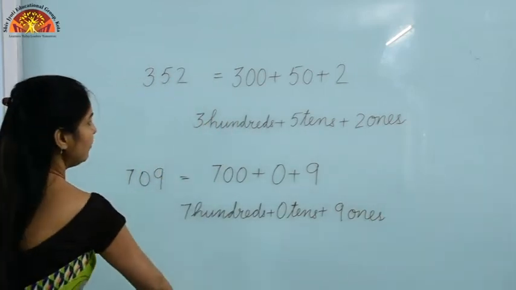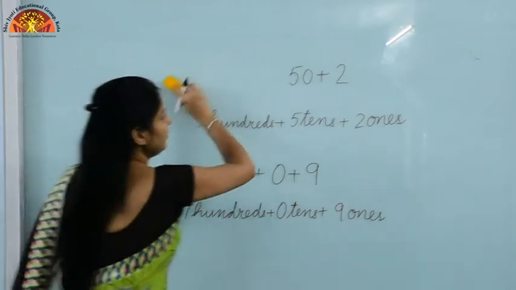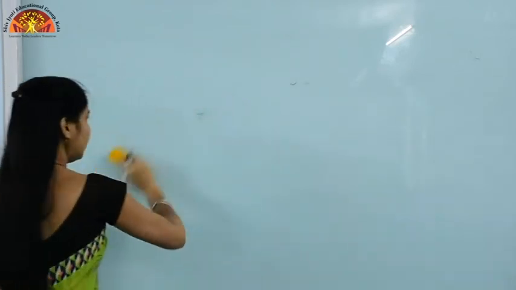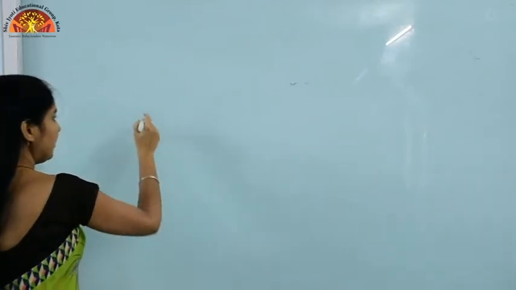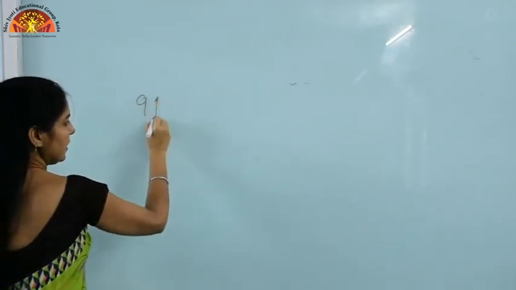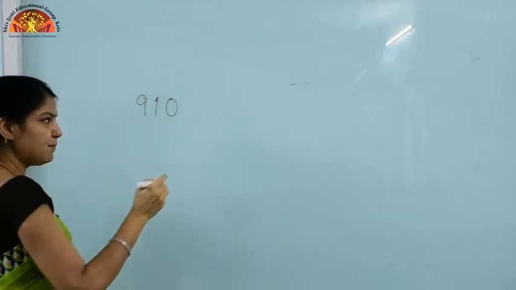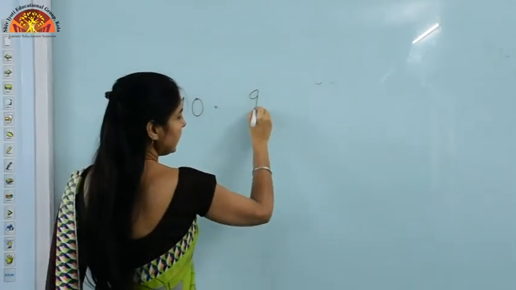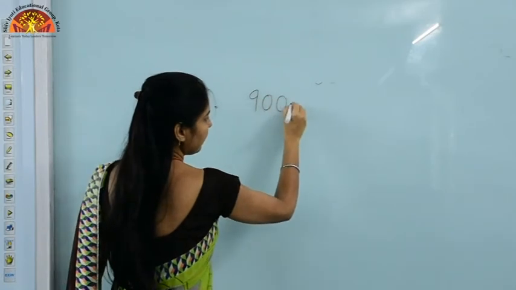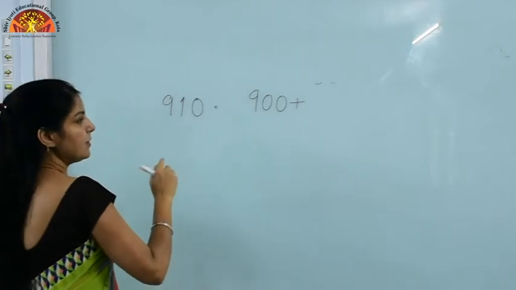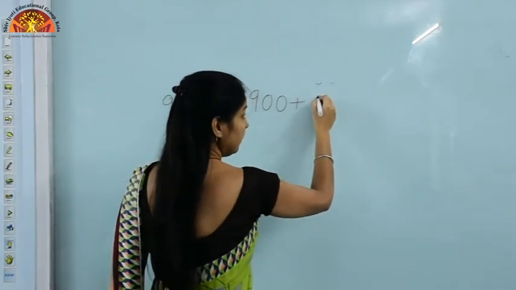Now let's see one more example. If there is no number at ones place, then how can we write? Suppose I am writing 910. Here 9 is at hundreds place, so we will write 900. 1 is at tens place, so we will write 10.